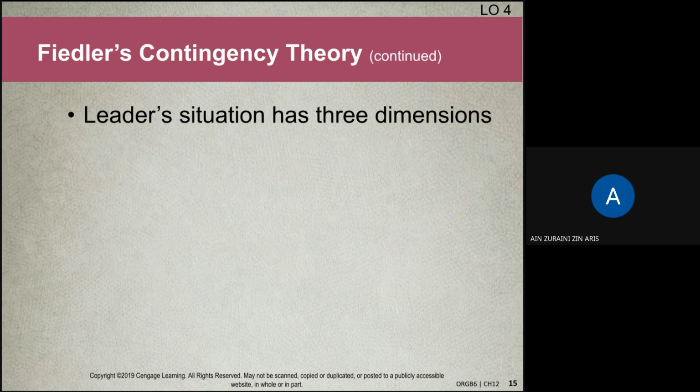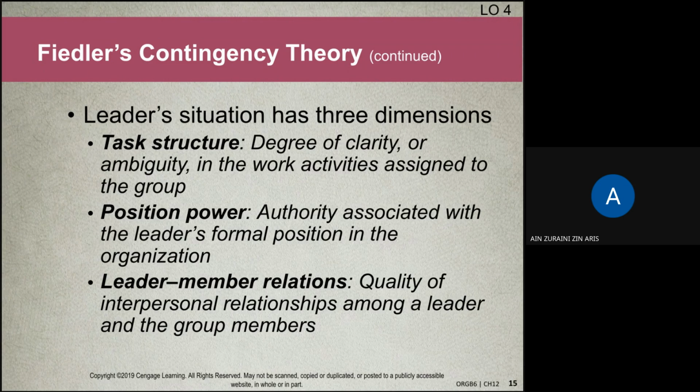Okay, so let's continue with more detail about Fiedler's contingency theory based on the 3 dimensions that I've explained just now. Right? So again, situation specifically refers to the 3 situational dimensions that influence a leader's effectiveness.